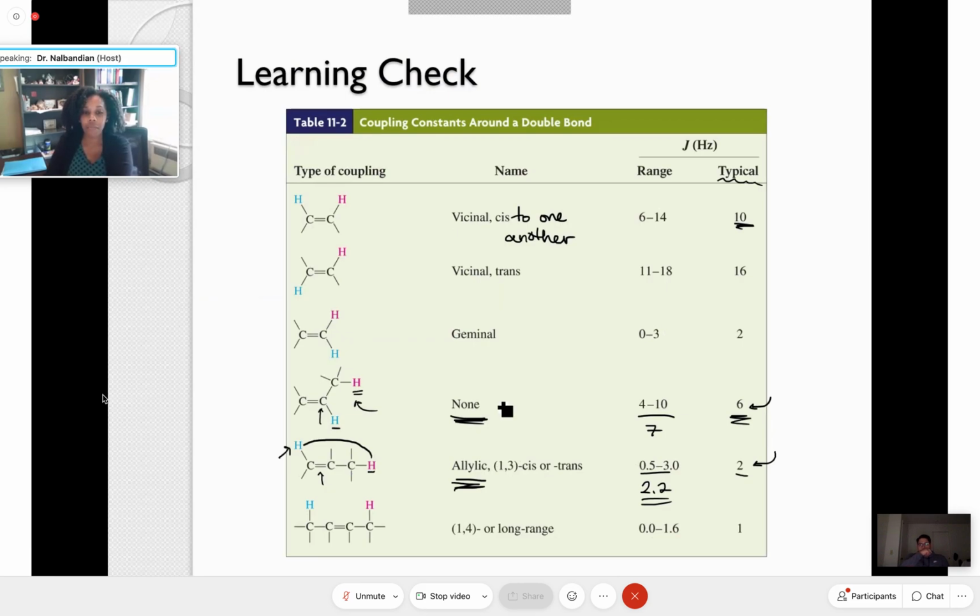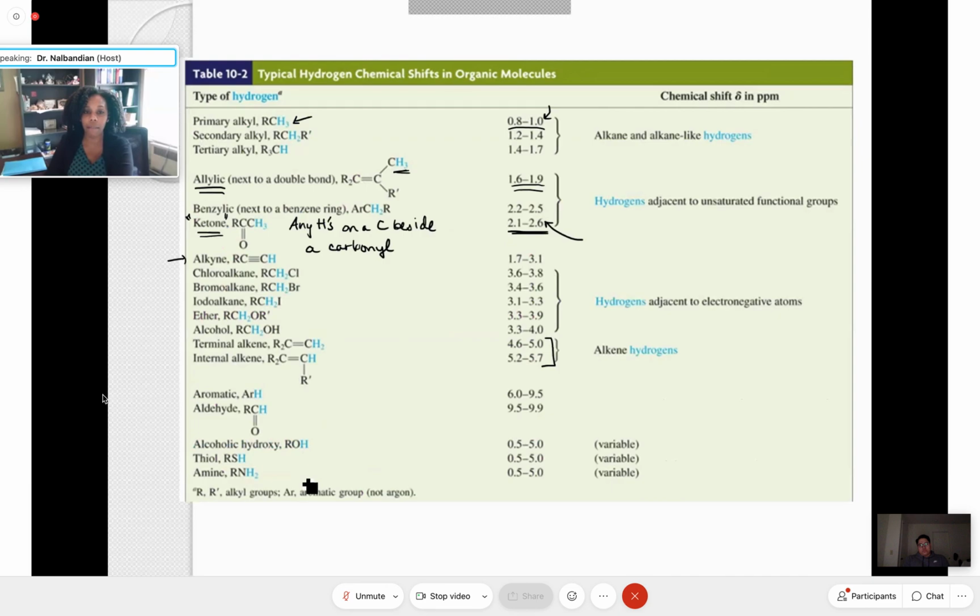So let's take all this information here. So cis to one another, 10 hertz. We have our non-coupling where this 5.22, would it be blue or would it be pink? It would have to be blue, right? 5.22 would have to be blue here because it's on a double bond. Here for allylic, which one would 5.22 have to be? Again, blue, because it is the hydrogen on a double bond.